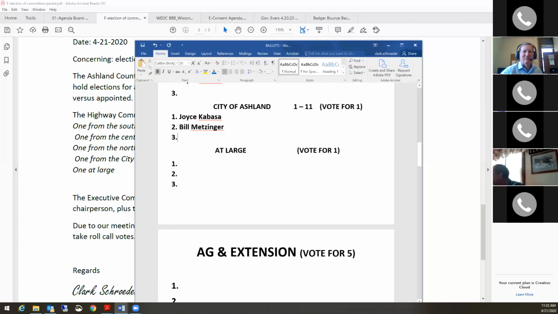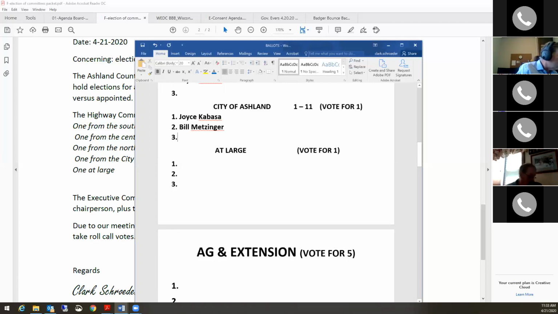Berlin, Kabasa. Corpola, Metzinger. Mika, Metzinger. Vitek, Metzinger. Huber, Metzinger. Hennenin, Metzinger.